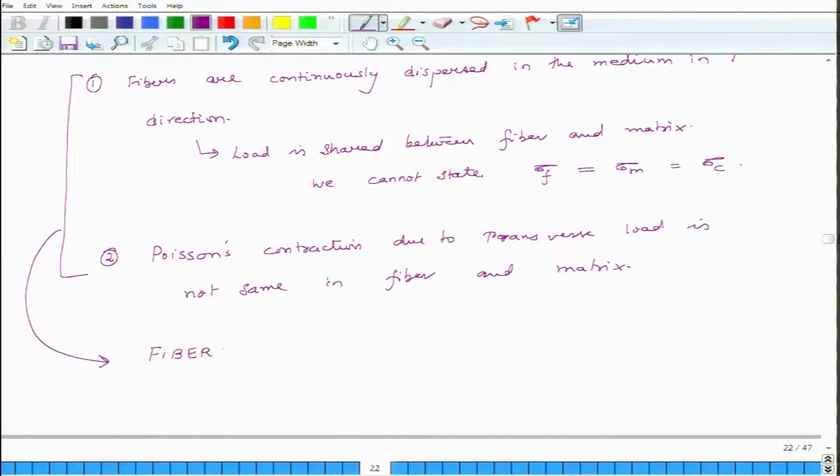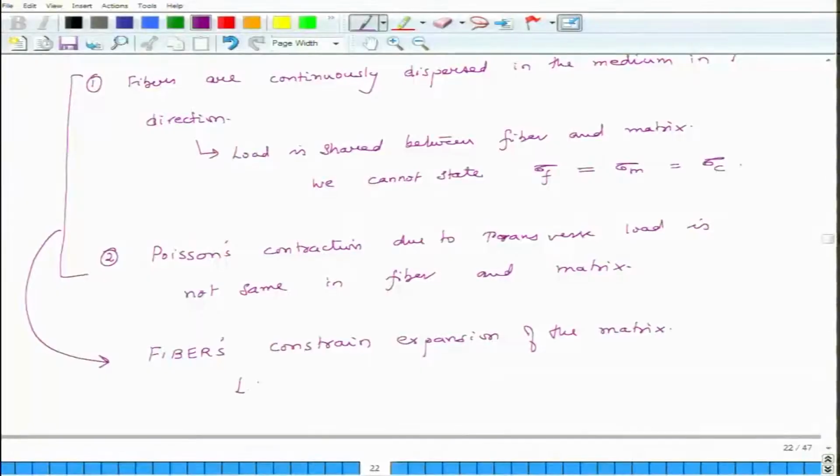fibers constrain expansion of the matrix. They constrain expansion of the matrix, and if this constraint happens, then what will happen? The extension in the length of the composite will be less.